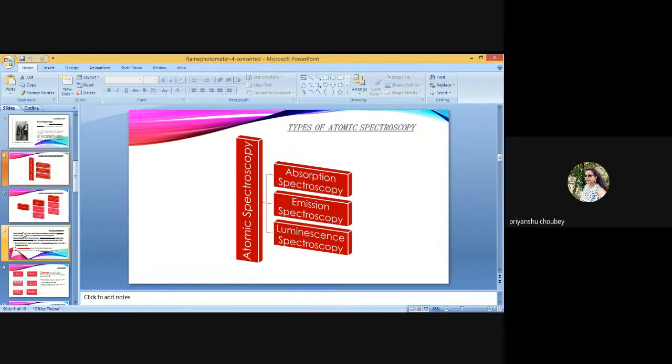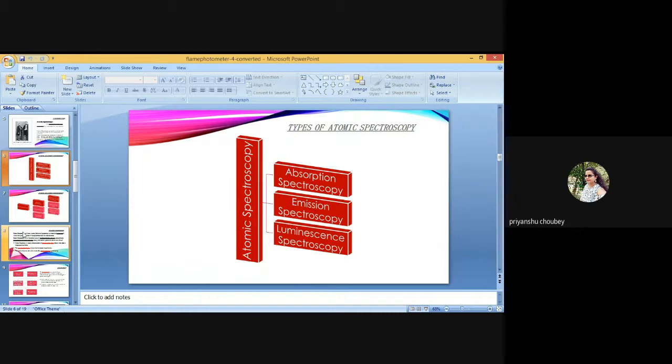A hollow cathode lamp is used to excite the free atoms in the flame by the absorption of the electromagnetic radiation.